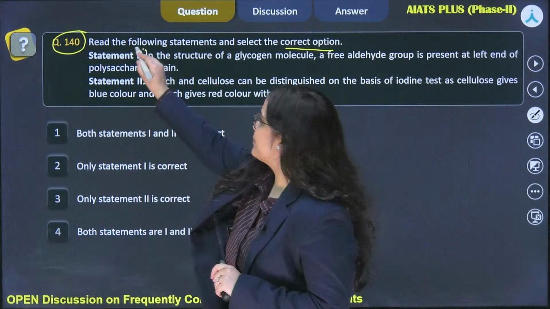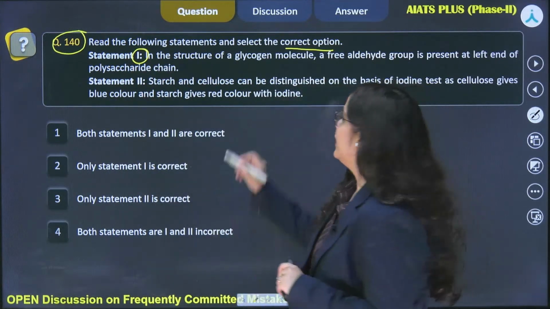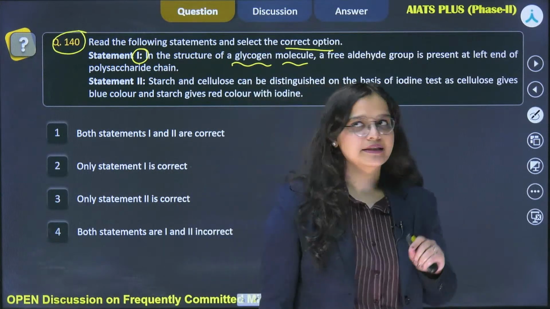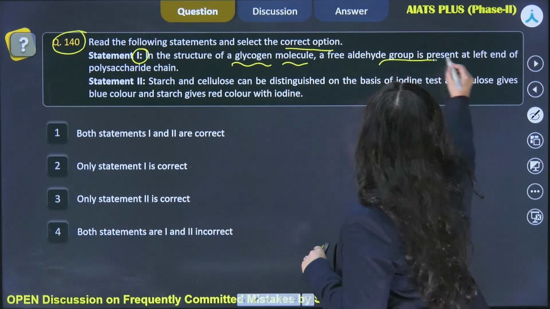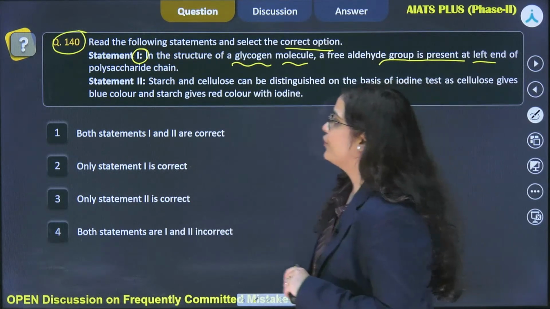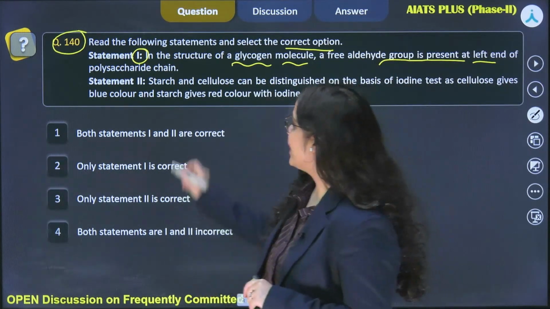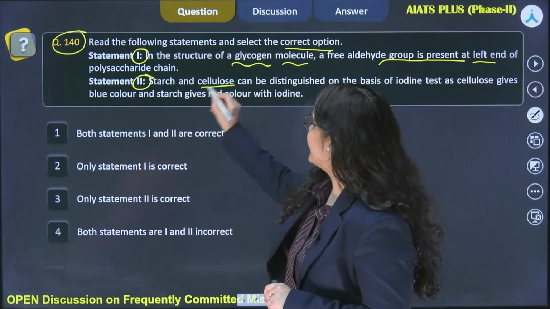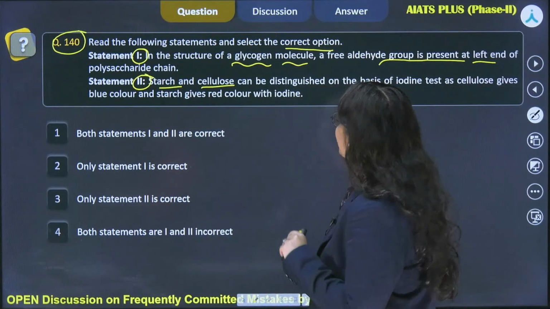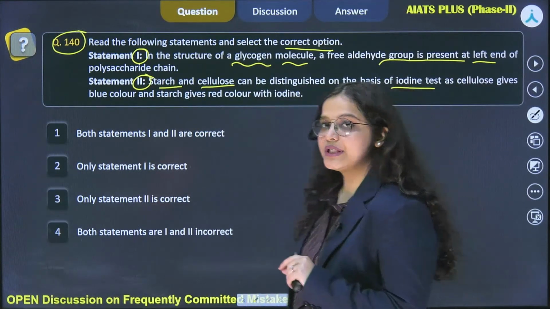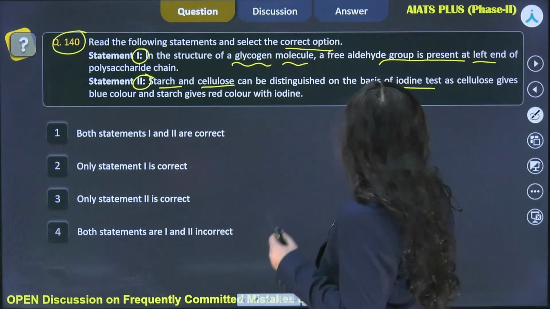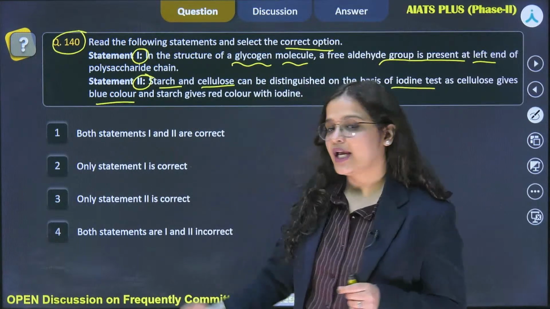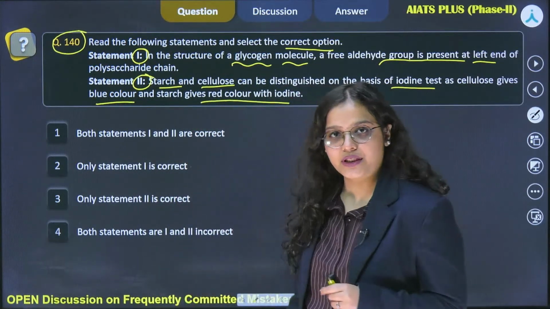The first statement states, in the structure of a glycogen molecule, a free aldehyde group is present at the left end of polysaccharide chain. And statement 2 states, starch and cellulose can be distinguished on the basis of iodine test, as cellulose gives blue color and starch gives red color with iodine.